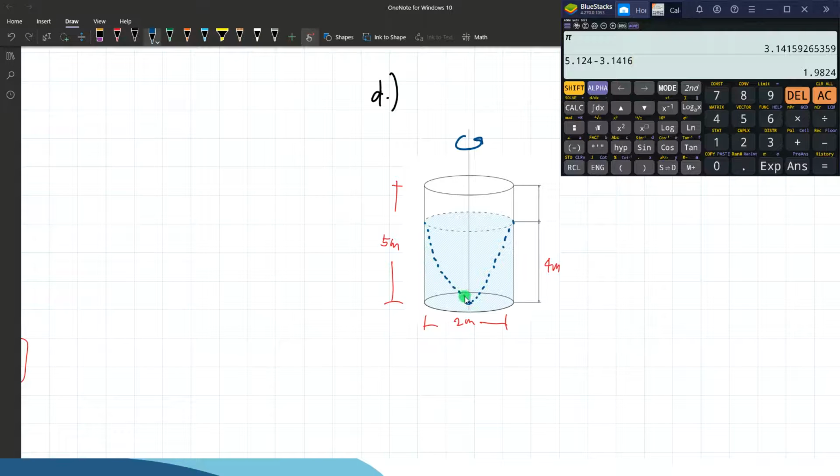So the vertex of our paraboloid should be at the bottom. Okay, so this is the paraboloid. Sorry, the figure should be like this because there will be water spilled. Okay, so it should be like this.